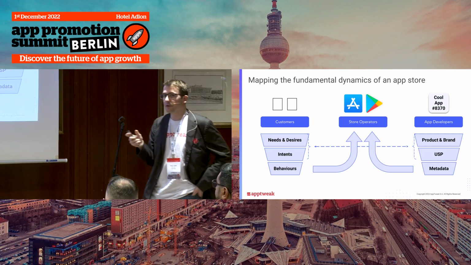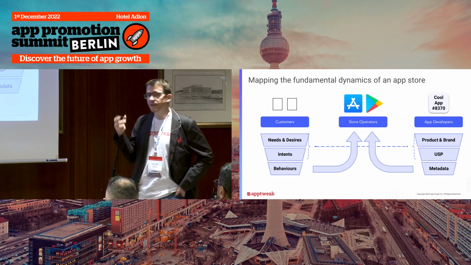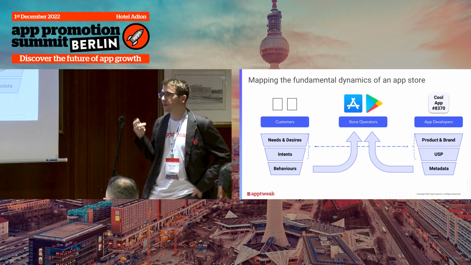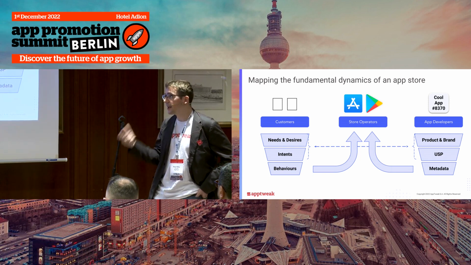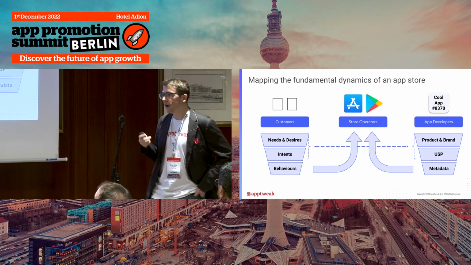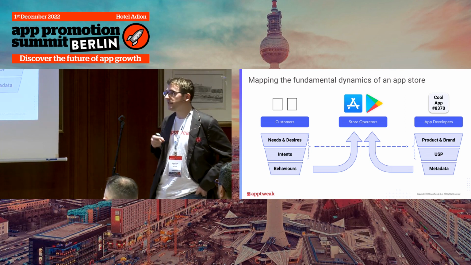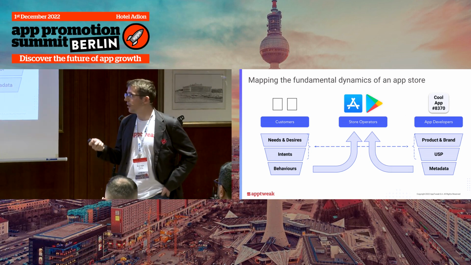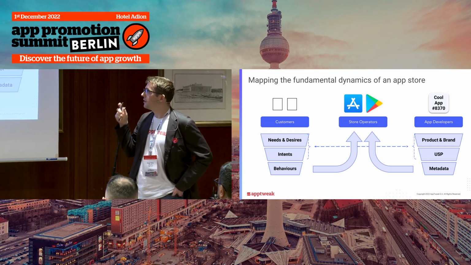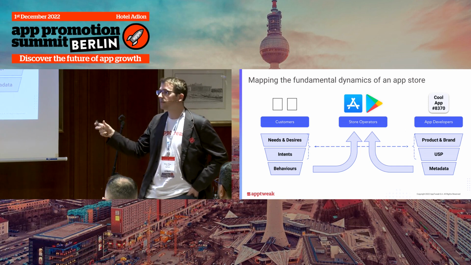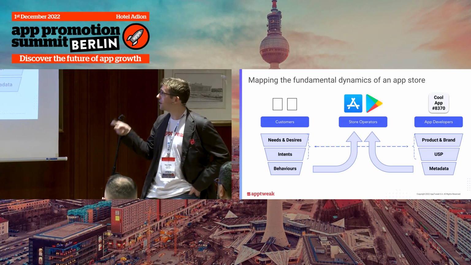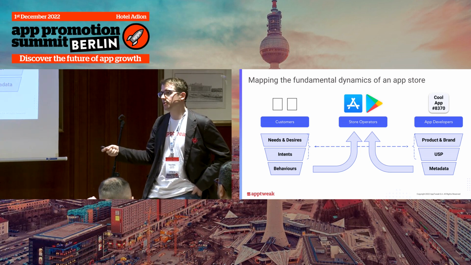And users are going to go from their intent in finding something to either searching, browsing the store, sometimes coming from an ad, but that's going to be a lot of behaviors that lead to potentially an install, an update, or actually leaving the product page. So there are multiple options here. And our challenge is to understand how we can meet the right customers, finding a match between the right customers and the right app in the context of the store, where you have this additional hurdle.